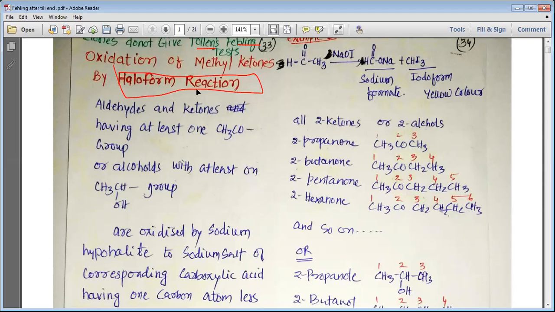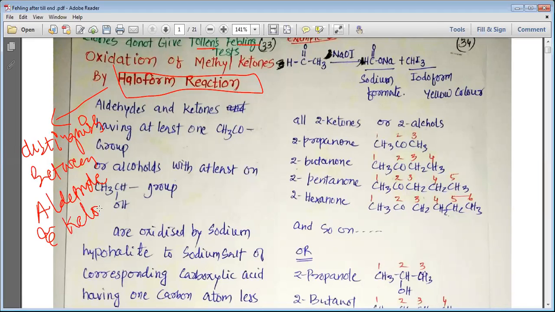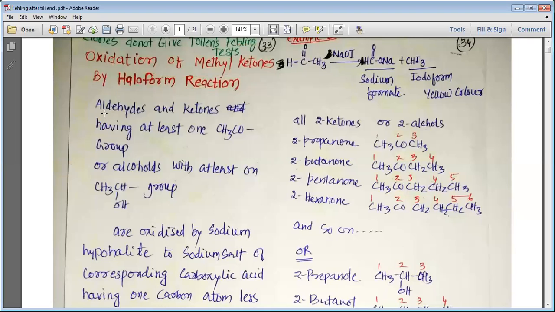This haloform reaction also helps us to distinguish between aldehyde and ketone, because there is only one aldehyde that gives the haloform test. All the other aldehydes do not give the haloform test, and that is why this can help us. Let us study the haloform test.